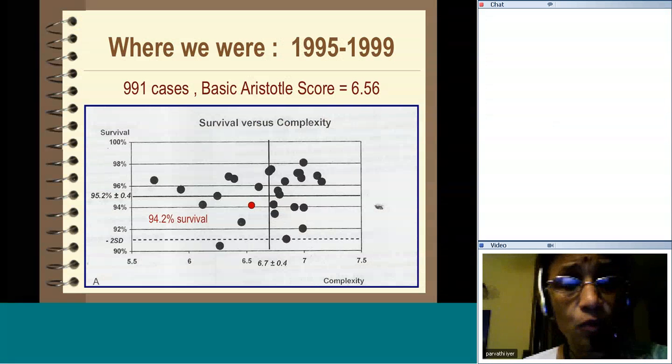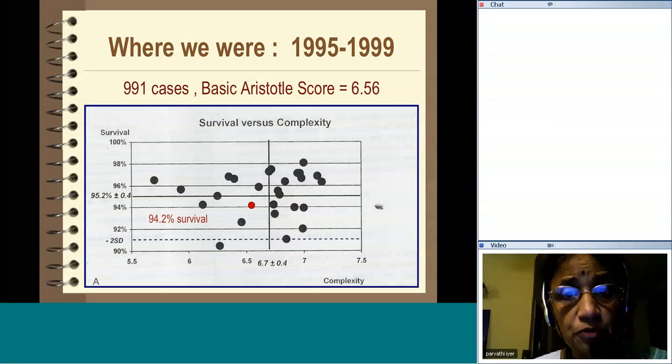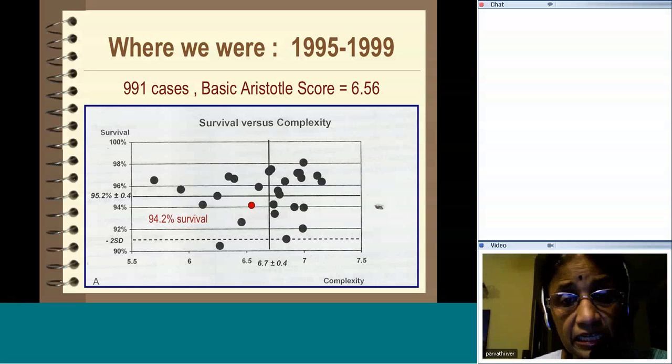I think we're all familiar with the basic Aristotle score. In this graph, you can see where we were at the inception of the pediatric program in 1995, where we had roughly a 94% survival. The red dot indicates our unit, the black dots indicate various units scattered across Europe.